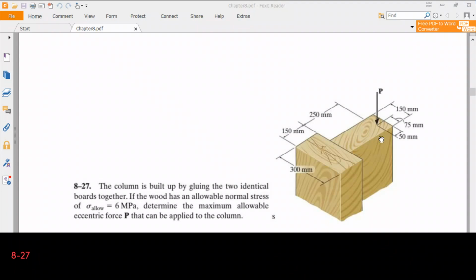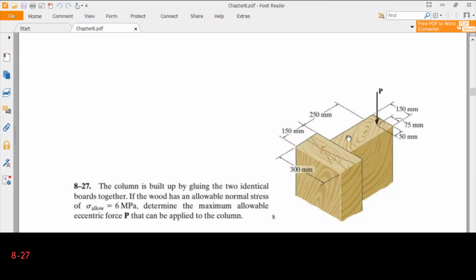Okay, so we have a force P which is applied on the central axis, but of course it is not acting on the neutral axis. Therefore we always assume that the forces and the moments are acting on the neutral axis.